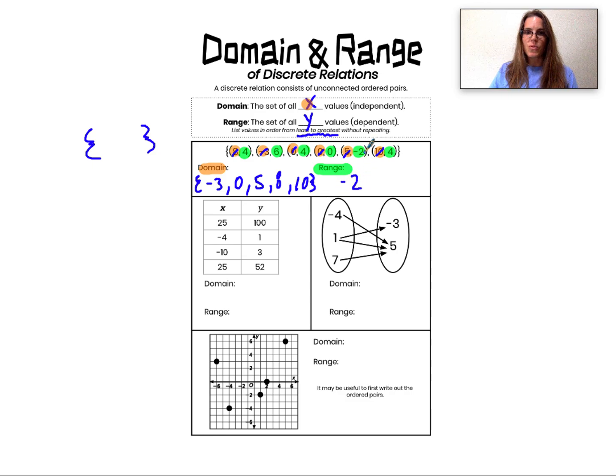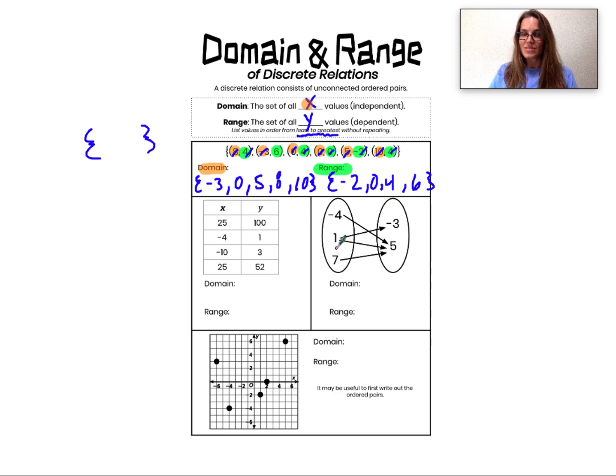The least possible y value is -2. y can be 0. y can be 4. In fact, like I said, there's 3 ordered pairs with y equal to 4, but I only write it once. Or y can be 6. To indicate that this is a set, I'm going to put those values in curly brackets. So my range is the set of all possible y values.